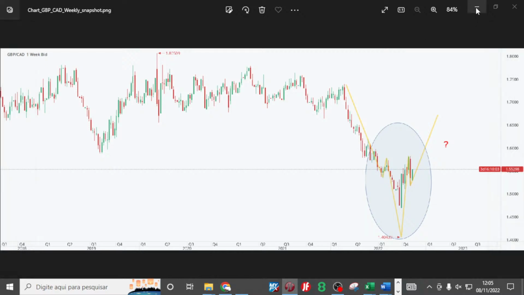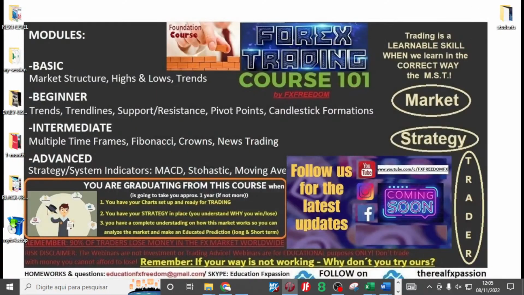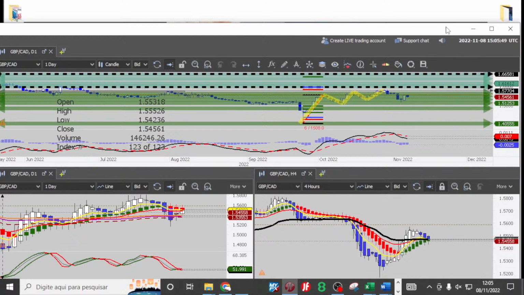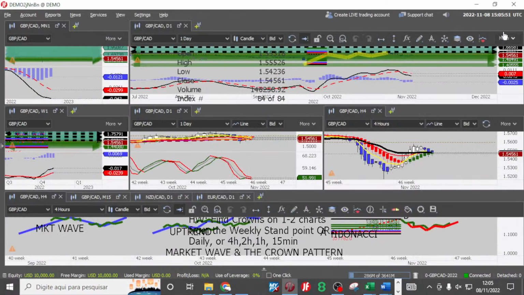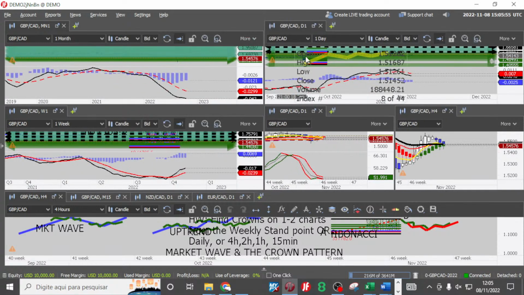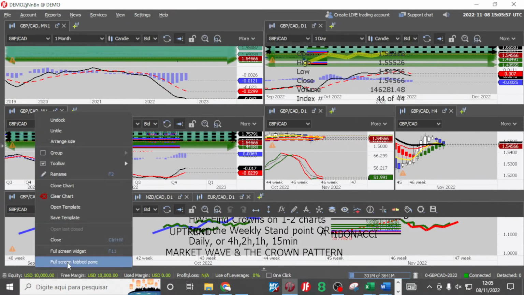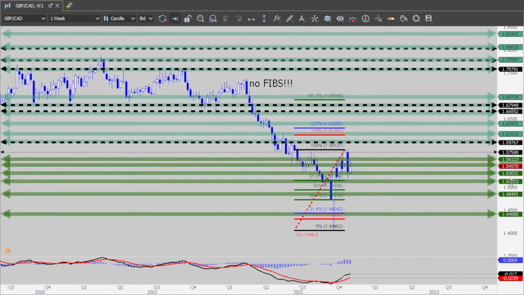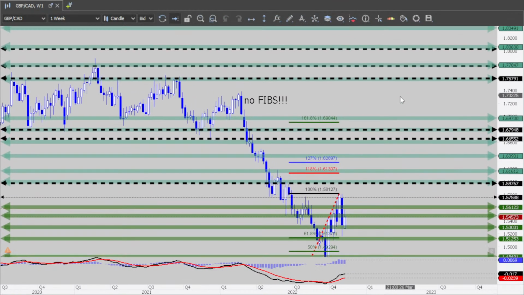Let's clarify first about the crown reversal, which is the same, just in the opposite direction. GBP/CAD weekly chart, right? Okay, everybody, so this should be your chart so far.